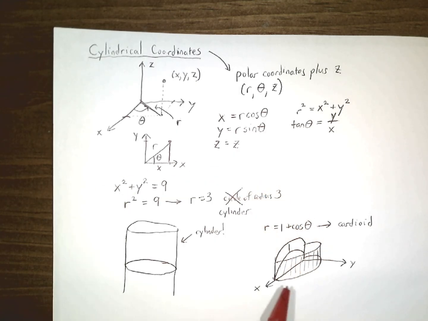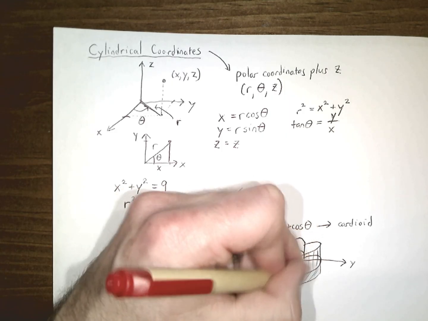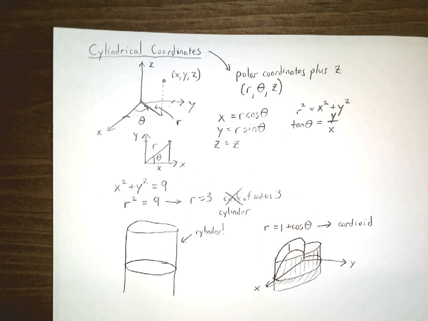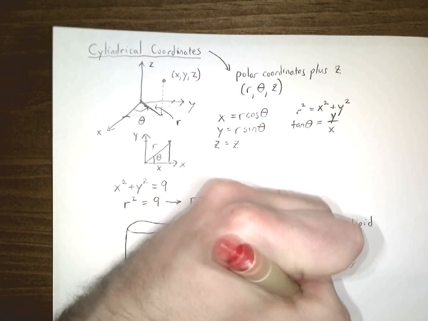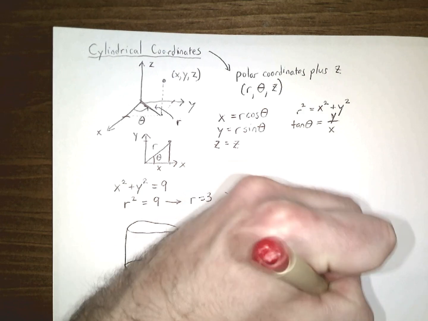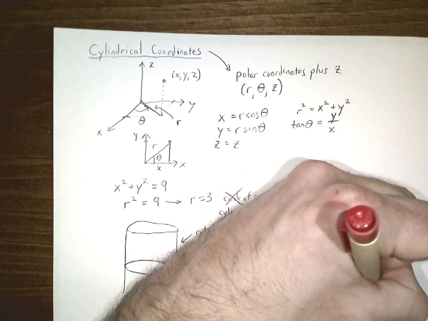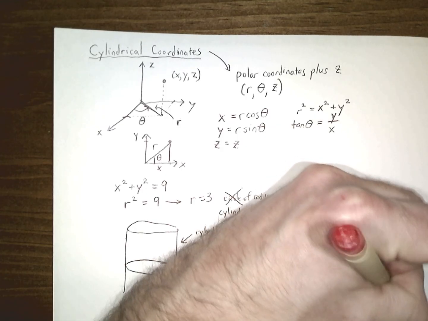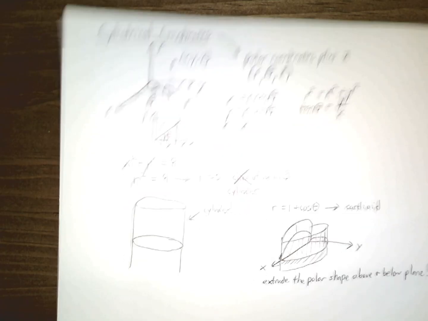You trace out the little path in the plane, and then you just take that up or down to give all of the points in space that satisfy the polar equation. So we can just extrude the polar shape above and below the plane. So there's our cute little heart.